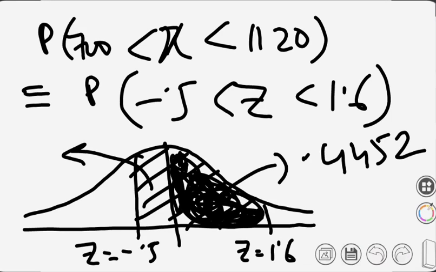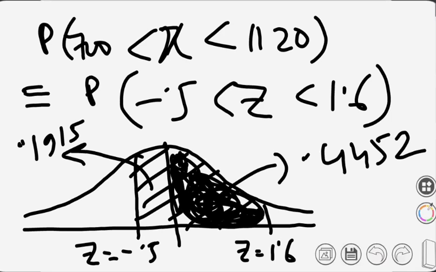For z from 0 to 0.5 and z from 0 to minus 0.5, in both cases the area is the same. This particular area you can obtain from the table as 0.1915.